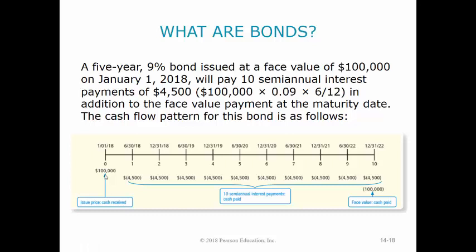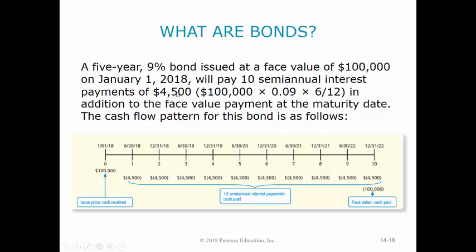Over the life of the bond, we have to make a series of periodic interest payments to our bondholders, and it's found by using the interest formula you always use, which for a bond is face times rate times time. So the face is 100,000, stated rate is 9%, and we're making semi-annual payments, so time is going to be 6 out of 12, half of the year, 6 months out of 12 months, and when we multiply that out, we come out with $4,500.